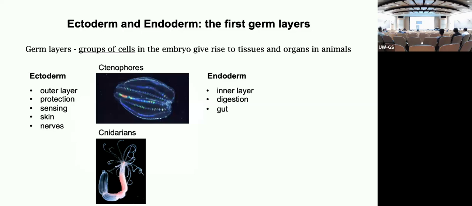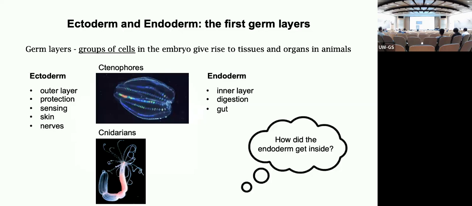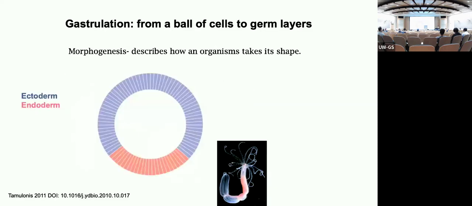One question that developmental biologists commonly think about is how an embryo takes shape. You might be wondering, how did the endoderm get inside? How does that occur? This is really the first shape change that most embryos undergo. Here's this hydra. You can see that it has this adult body plan.